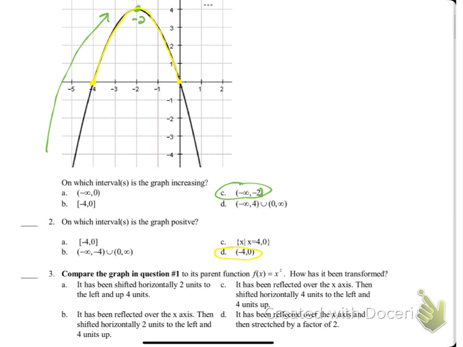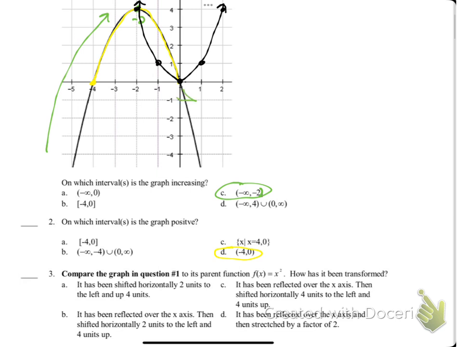So next, compare the graph number 1 to its parent function of y equals x squared. So the parent function, we'd have our vertex at 0, 0, point at 1, 1, negative 1, 1, 2, 4, negative 2, 4. And that would be the parent. Okay.